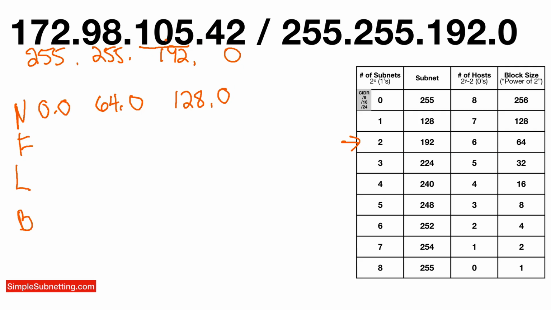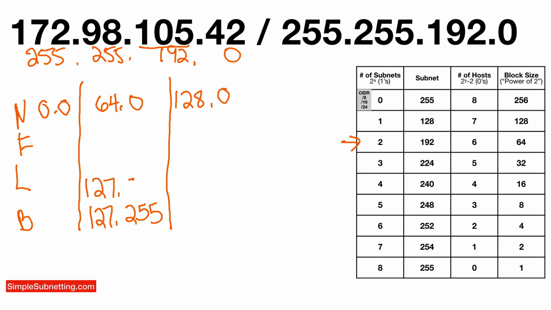So under which column does 105 belong? Belongs to this one. So let's solve for this one and note the next one. So let's start. 1 less than 128 is 127. And then the last number would be 255. 1 less is 127.254.